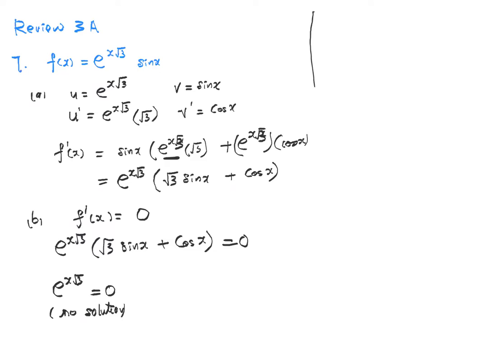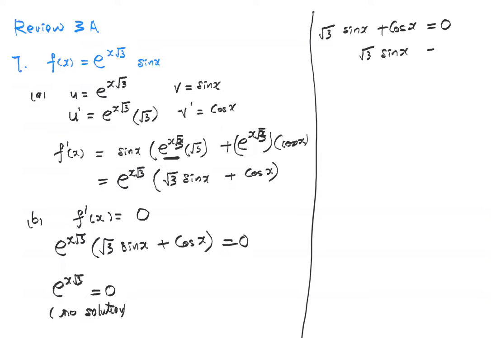Okay, so for root 3 sin x plus cos x equal to 0, you have to turn it to tangent x in order to solve the problem. So I have root 3 sin x equal to negative cos x.